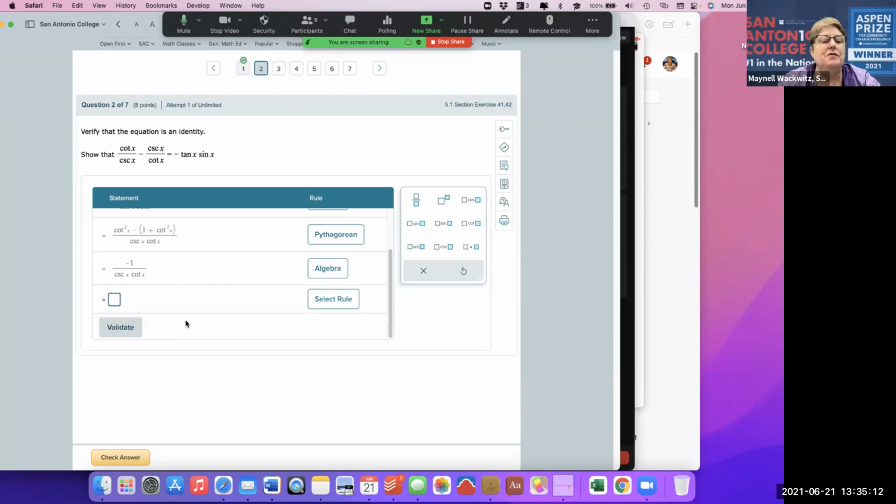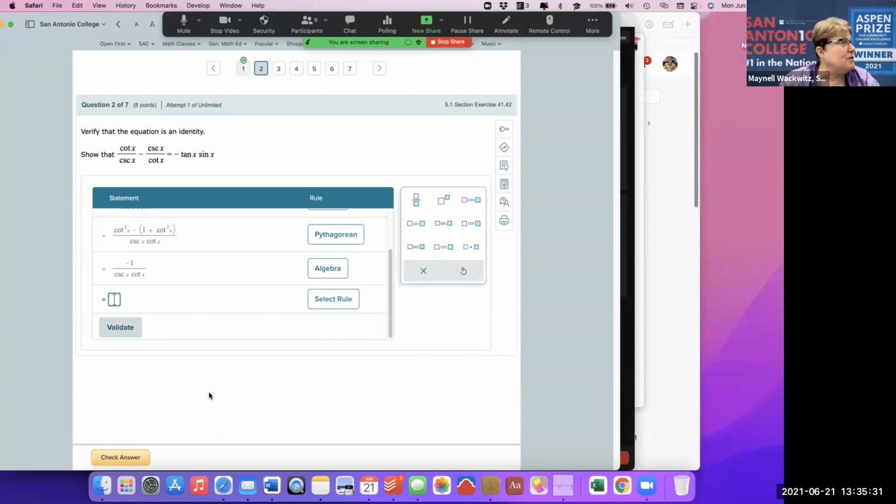Right. In order to do anything more, we've got to use some trig. Well, what do we know about 1 over cosecant x? Sin x. And what about 1 over cotangent x? That one is tangent x.